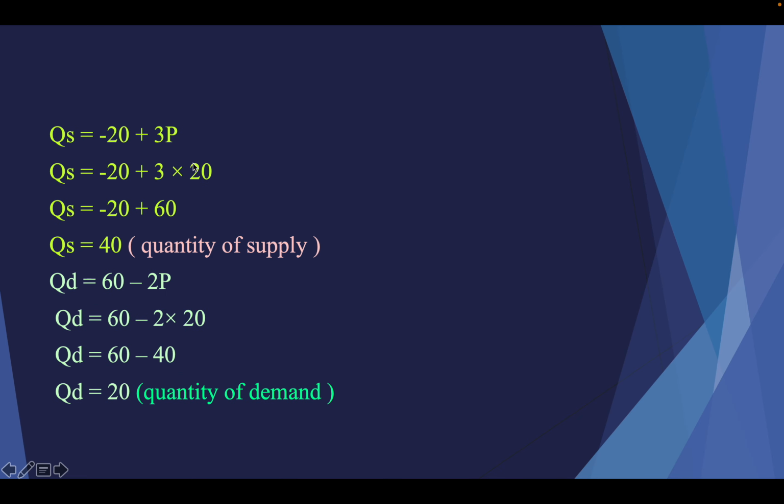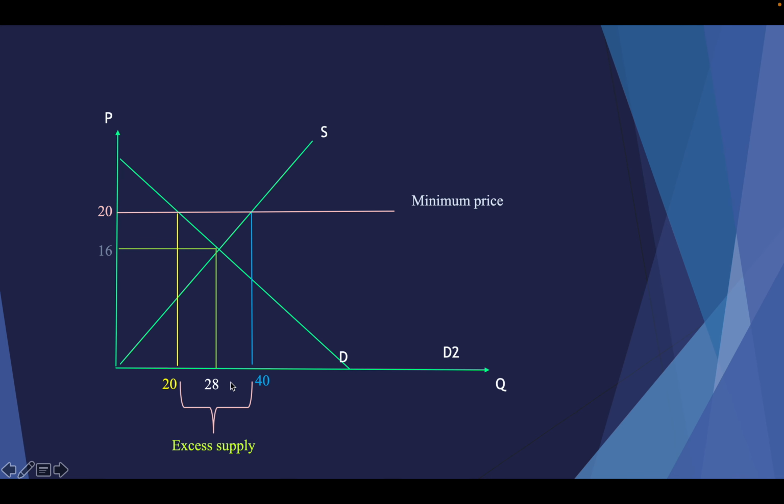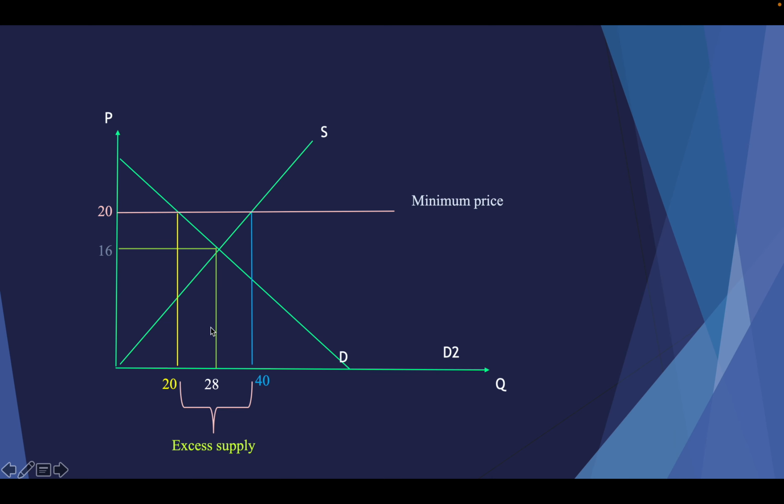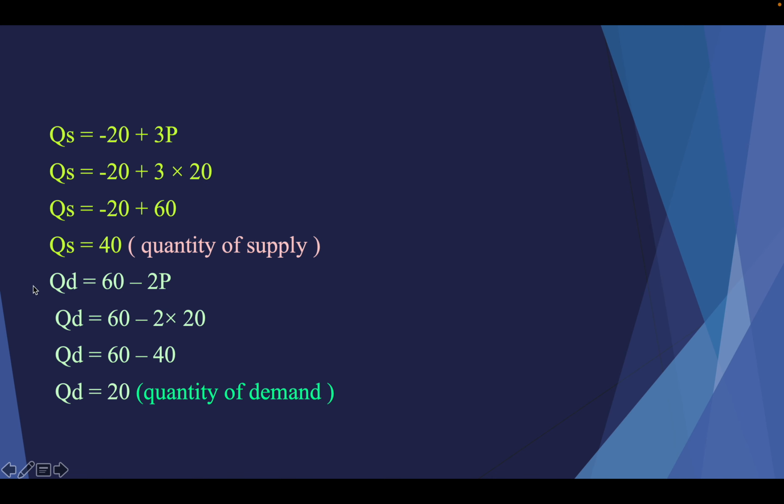Okay, here the QS equation I take, and I add 20 rupees, because 20 is your minimum price. Add here, because we are going to find out the quantity. So add the price, and you can take the answer as 40. Here supply curve intersects at the quantity 40. Then take the QD equation, add the minimum price 20, and take the quantity demanded.